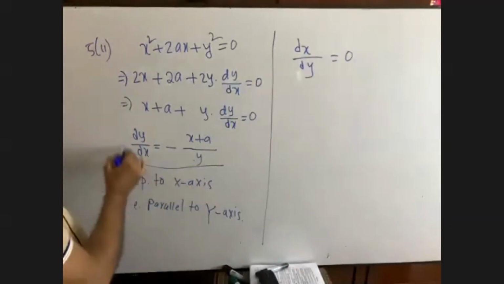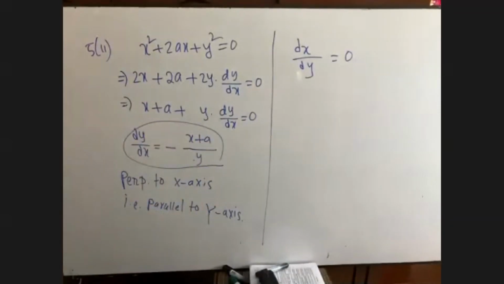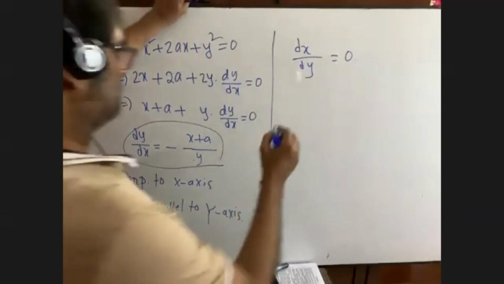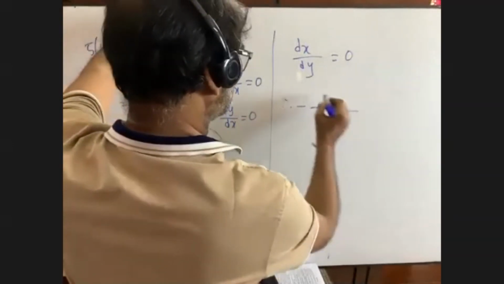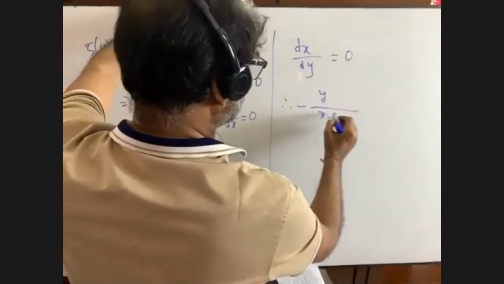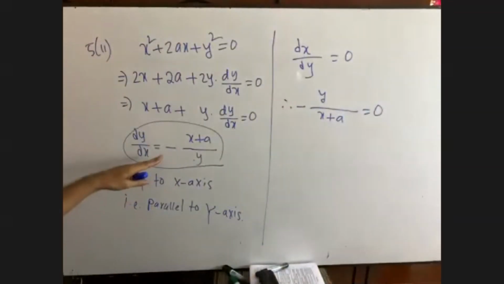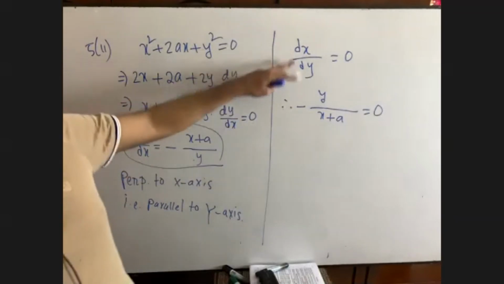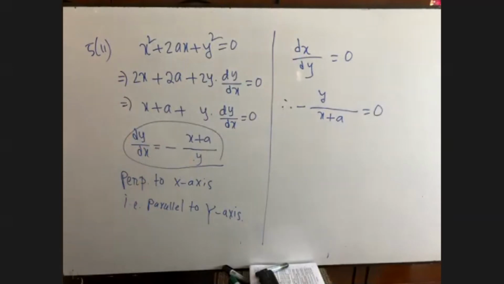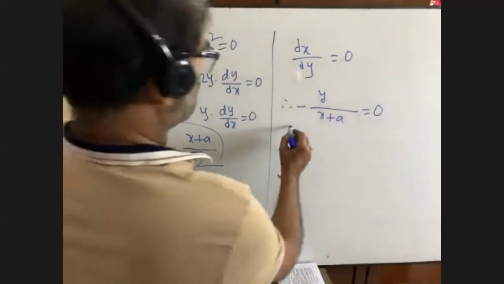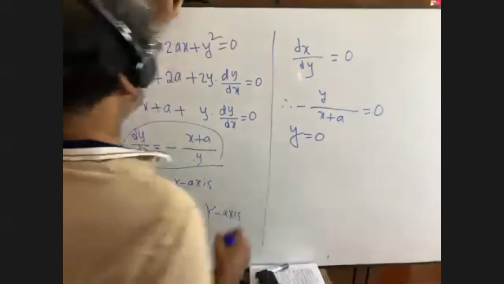So when you get its inverse, that means minus y by x plus a equals 0. Have you got it? Its inverse has been written here. It is dx by dy, but it was dy by dx. So we are getting y equals 0.